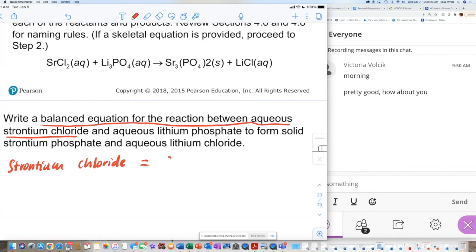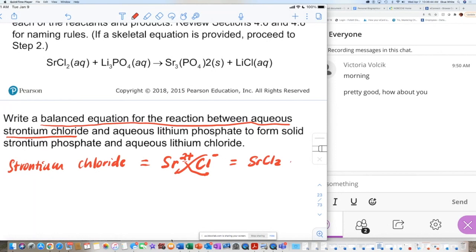This will be Sr. In group 2, it will have a charge of 2 plus. Chloride in group 7 will have a charge of 1 minus. So this will be SrCl2 because you will crisscross them to make the compound. Okay?